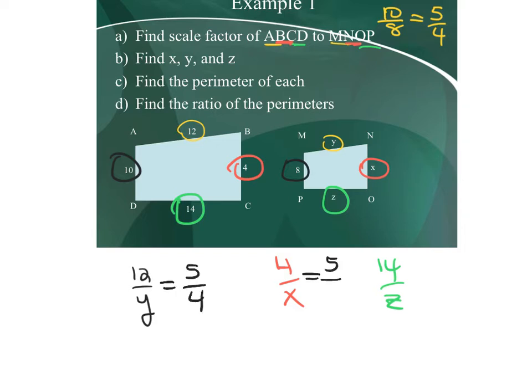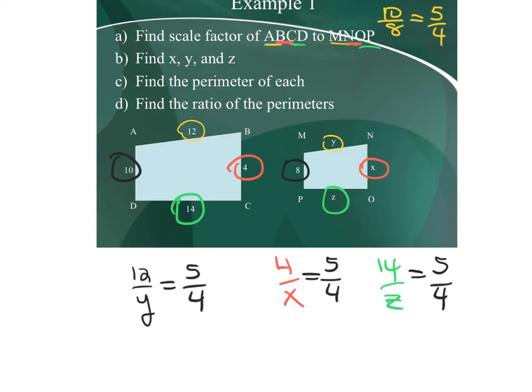I'm now going to put equals 5 over 4. And now I'm going to cross multiply and divide. I'm solving a proportion here. I'm doing cross products. Now, generally, I've been allowing you to leave things improper, but because we're looking for side lengths here, I want you to make these either a mixed number or a decimal.